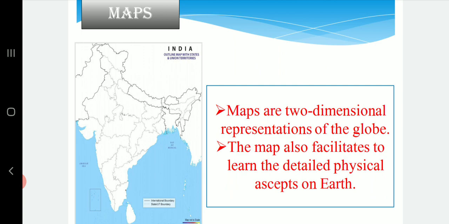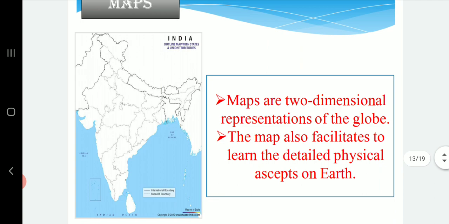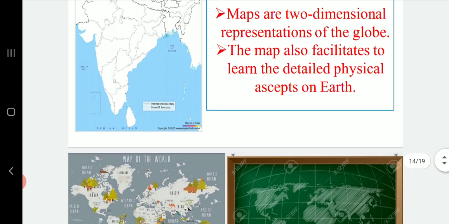For example, if we have to learn about the rain condition or the climatic condition, we can see the map and it is going to give us the detailed knowledge. If we have to get detailed knowledge about a specific thing, then we have to see the map. It helps us understand the physical aspects of the earth.